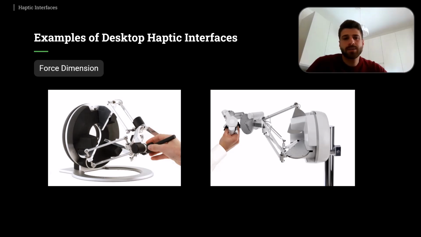Let's now see some examples in order to better understand the different interfaces. So here we have the desktop haptic interfaces provided by Force Dimension. In particular, as we can see, the hand is placed on the end effector of the device, and depending, of course, on the version of the interface, it is able to apply both cutaneous feedback and kinesthetic feedback.